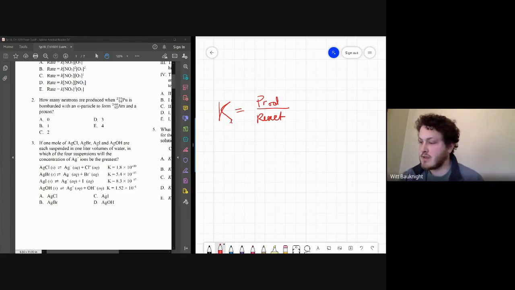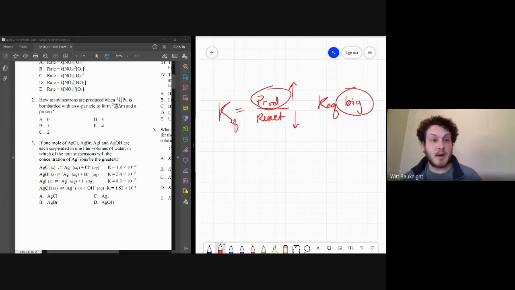So sometimes we call this Keq, because there's a lot of K's in science. So we are looking at how K affects the concentration of products. Well, if we want more products, we want this numerator to be big and this denominator to be small. That's how fractions work. So in order to maximize our number of products, we want as big a K value as possible.